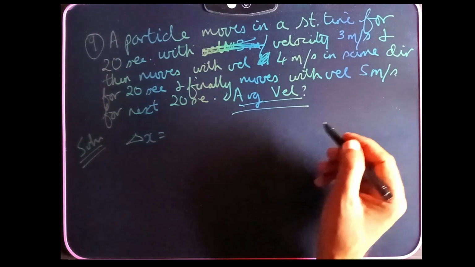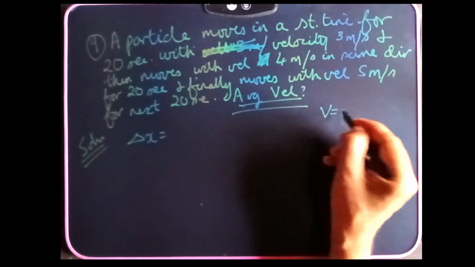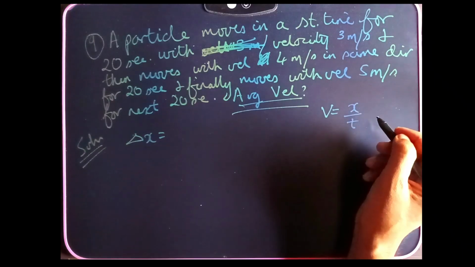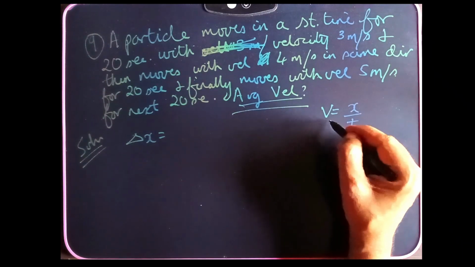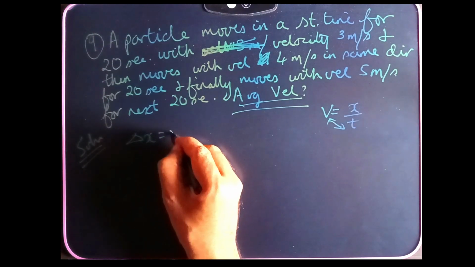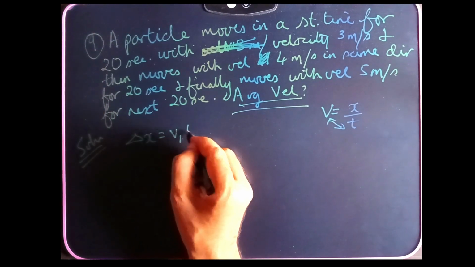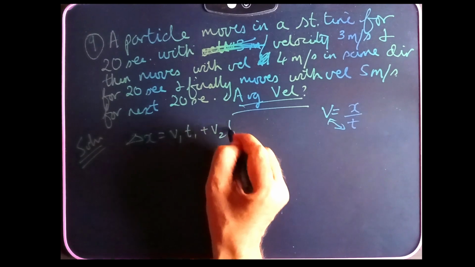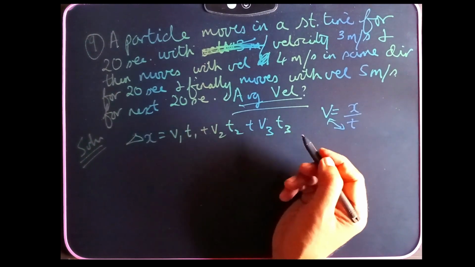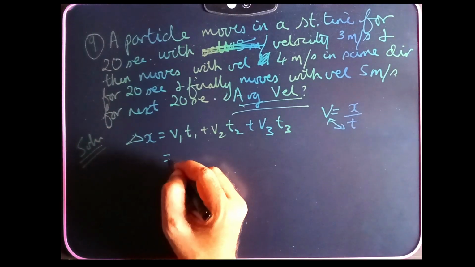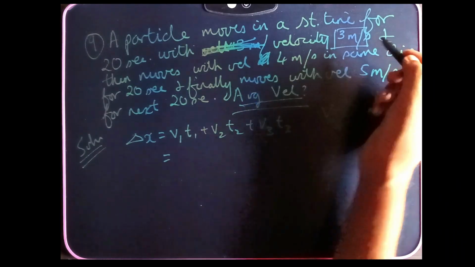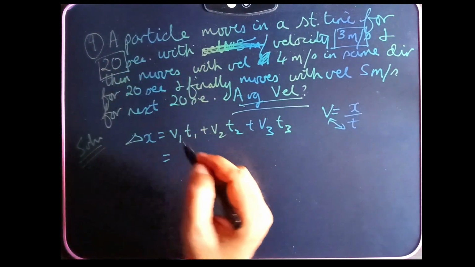The velocity formula is x by t, right? So velocity into time will give you distance. So total distance will become v1 t1 plus v2 t2 plus v3 t3, right? The first velocity is 3, and the first time period is 20 seconds.